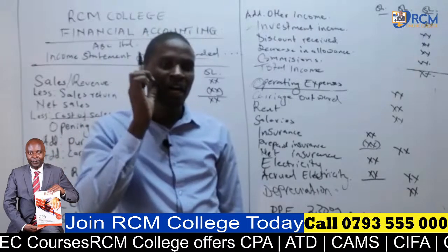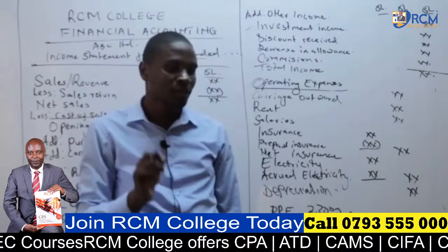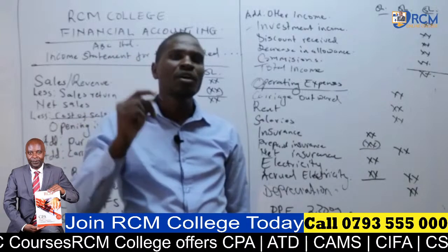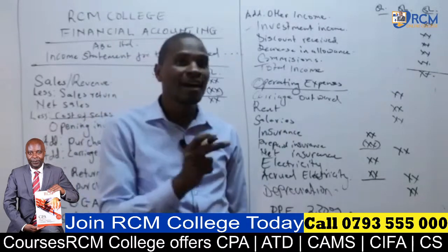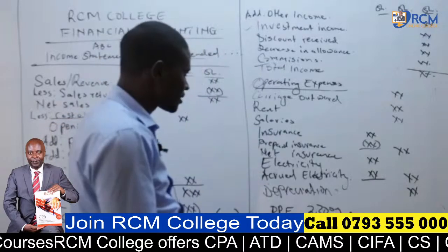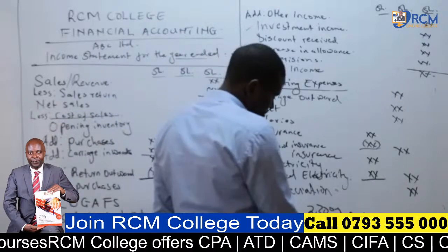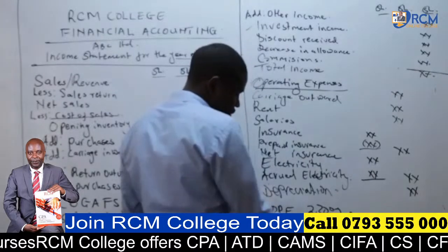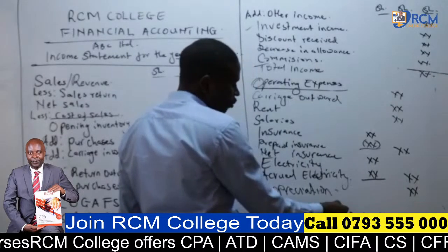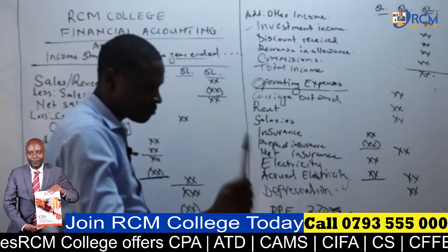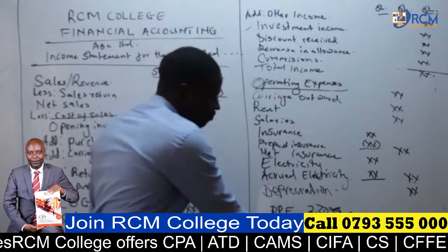Daniel, not yet, I'll come back to that. The examiner can tell you to use the reducing balance method. On the other hand, the examiner can tell you to use the straight line method. With the straight line method, we ignore this. Even if they have given accumulated depreciation, you ignore. So you compute depreciation on cost. If I were to use the straight line method, you could have just taken 2% of 2,300.